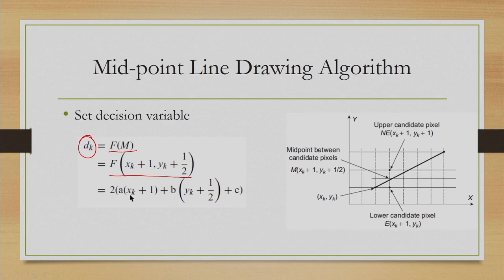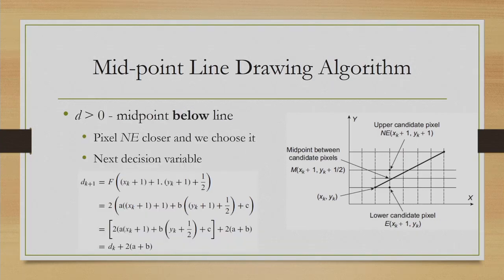If we use the modified equation after multiplication by 2 and expand, it will look something like this, that is the decision variable at k. Now, if dk is greater than 0, then the midpoint is below the line. In other words, if the midpoint is below the line, then pixel NE is closer and we should choose NE here, otherwise we should choose E.